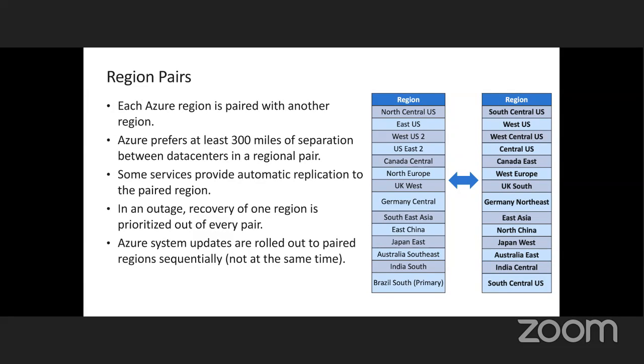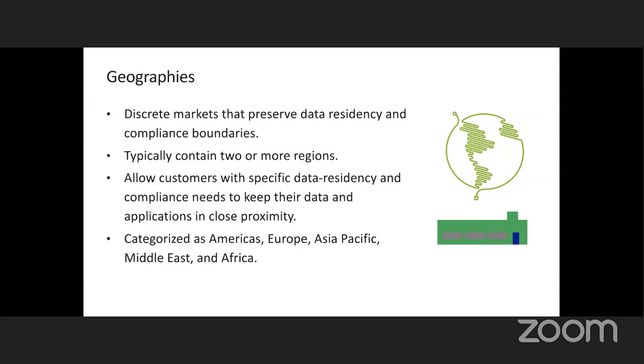Okay, so geographies are discrete markets that preserve data residency and compliance boundaries. They typically contain 2 or more regions. Okay, so don't forget that the term geography encompasses 1 or 2 or more regions.